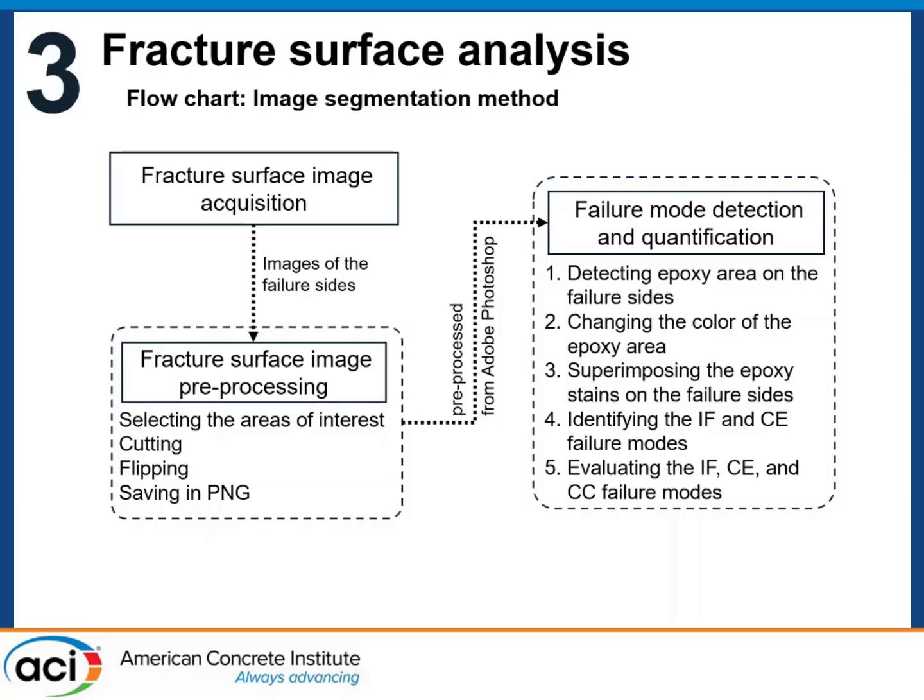We are superimposing epoxy stains on both areas of a failure surface, and therefore we can identify interfacial failure and cohesive failure in the epoxy. And then we just do 1 minus that, because if it's not interfacial failure and no failure in the epoxy, what is the only failure left?